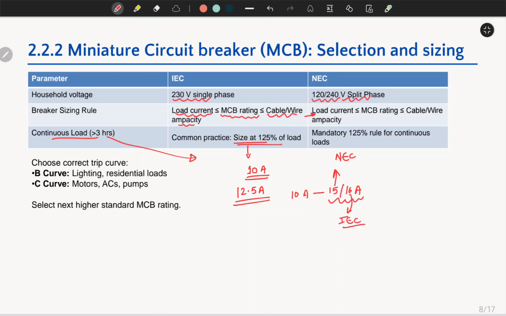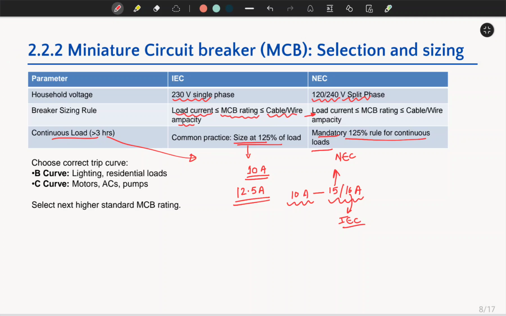So we'll be using this MCB for 10 ampere of continuous load. Okay, and in the NEC there is a mandatory rule that you need to select it. But in IEC there is no exact rule written anywhere, but we generally take this.